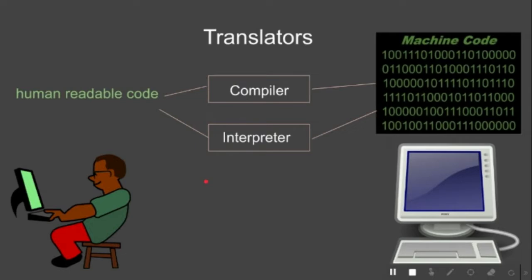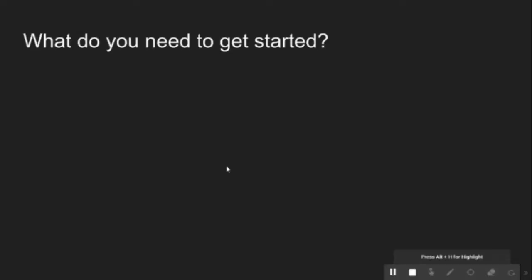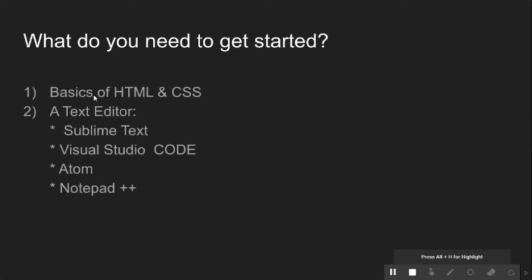So that was an intro to programming. To begin learning JavaScript, you have to know the basics of HTML and CSS, and you need tools like a text editor. I'll be using Sublime Text, but you can use Visual Studio Code, Atom, Notepad++, or online text editors like CodePen.io, JSFiddle.net.